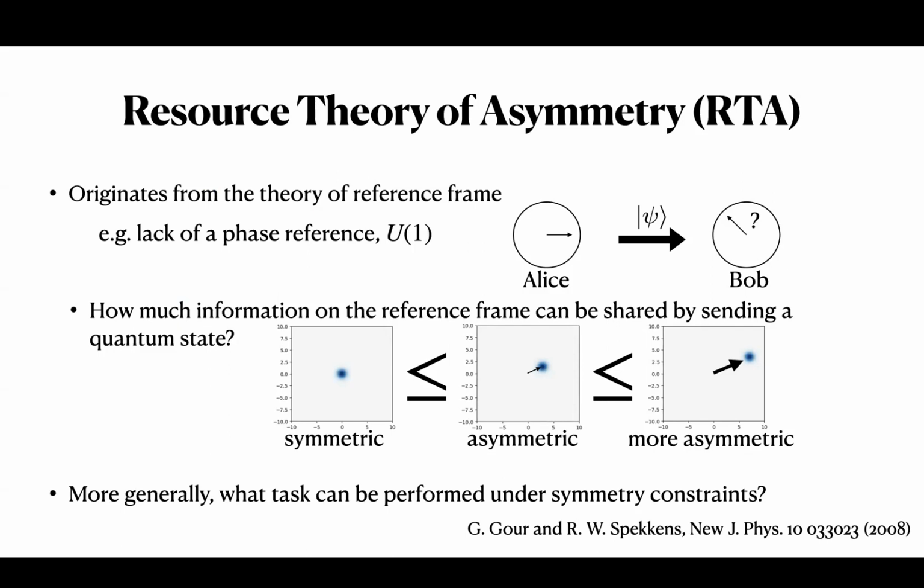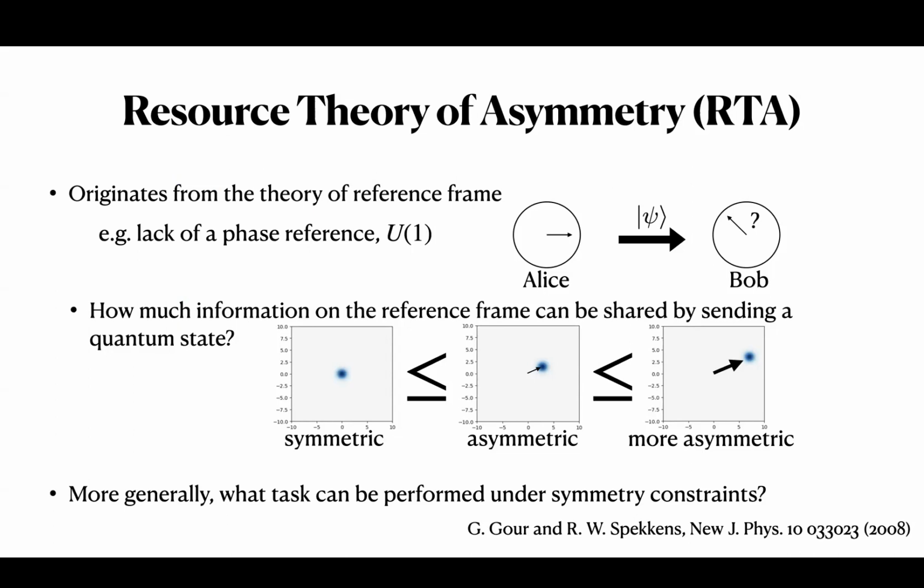The left figure is the Wigner function of the vacuum state, and this is totally symmetric under rotation, so it does not contain any information on the phase reference. But if Alice sends a coherent state, then Bob can obtain some information on the phase reference.